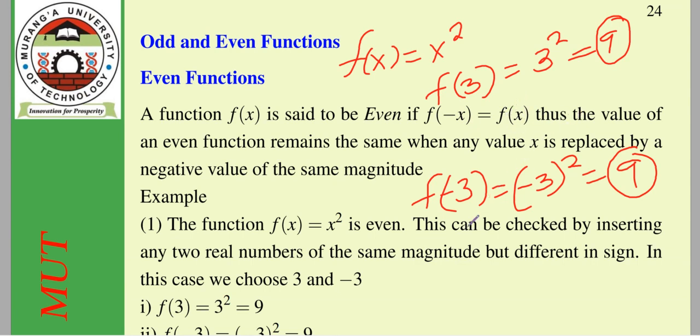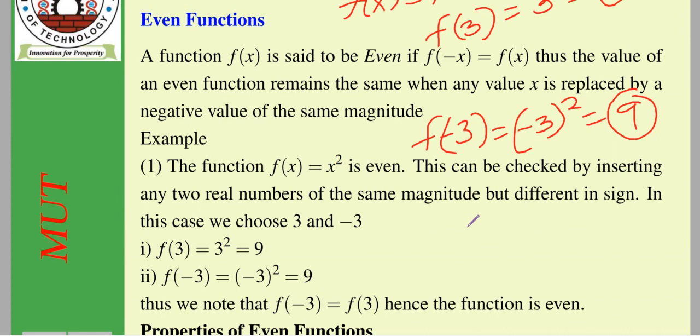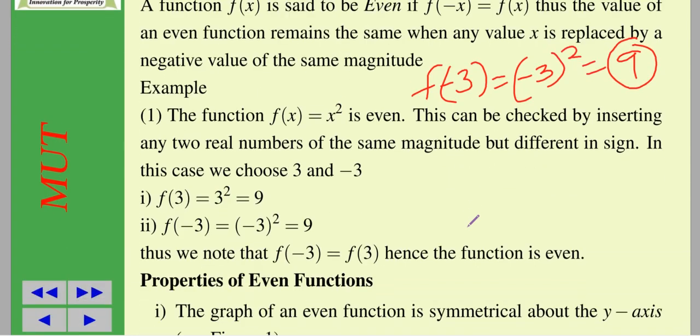A good example of an even function is f of x is equal to x squared, because when we put any negative value, we square, we get the same as the square of a positive value of the same magnitude. An example of 3 is given here.